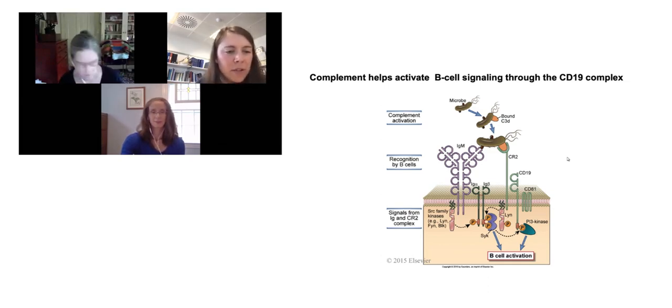Is the process of differentiating from naive lymphocyte precursor pool to mature lymphocytes only occurring during development, childhood, or does it occur throughout life? Sorry, I didn't understand the first part of what you were saying there. Could you say it again? Is the process of differentiating from naive lymphocyte precursor pool to mature lymphocytes only occurring during development, childhood, or does it occur... No, it's happening all the time.